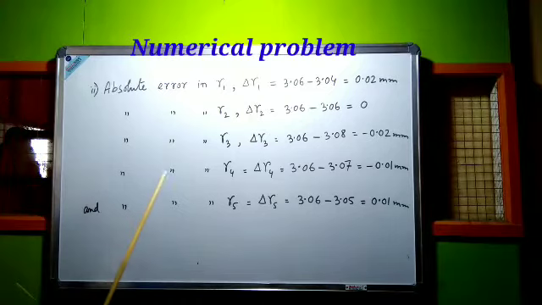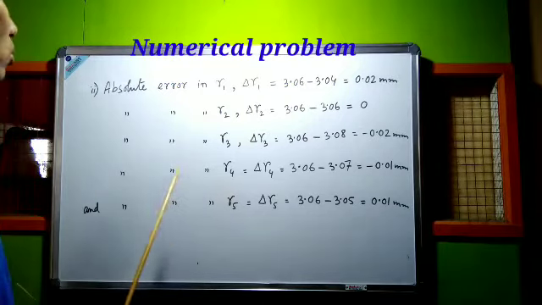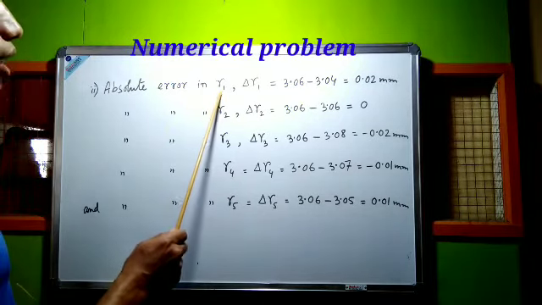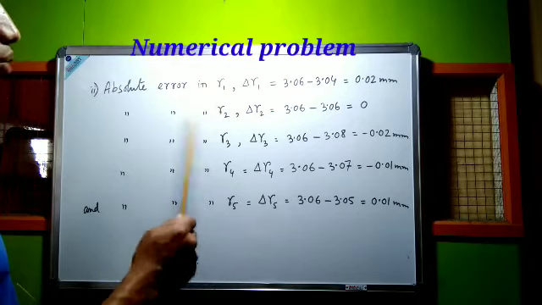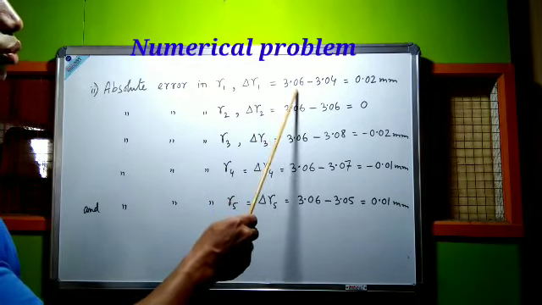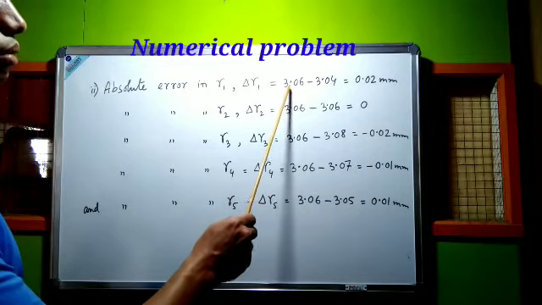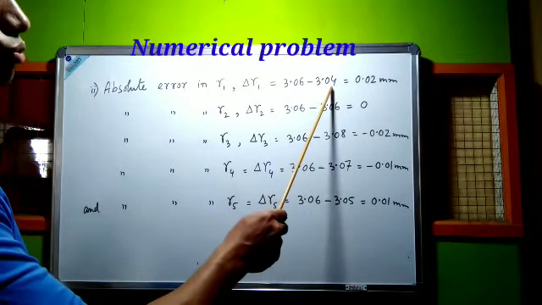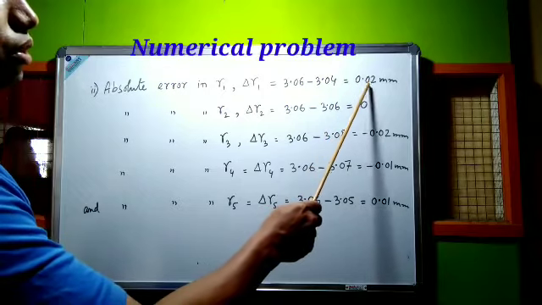To find the absolute error in each measured value: the absolute error in the first measured value, that is R1, is delta R1, and it should be equal to the true value minus the measured value. 3.06 minus 3.04 equals 0.02 millimeter.